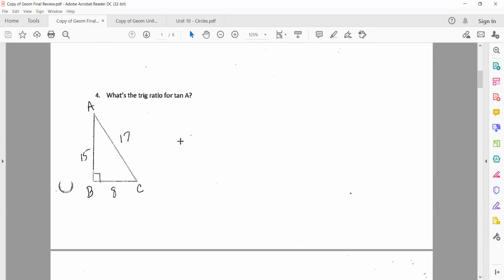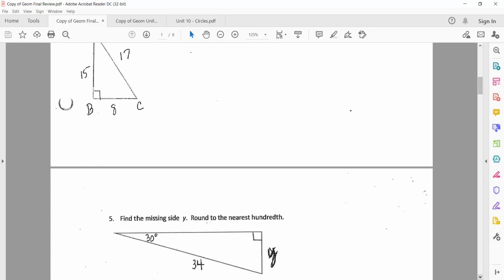Remember, tangent's the only one that does not involve the hypotenuse. This is TOA. Opposite over adjacent. Opposite here is 8 over 15. There you go. That's the trig ratio for the tangent of A. It doesn't even ask you to calculate or do anything else with it. You got it now, Jonathan.